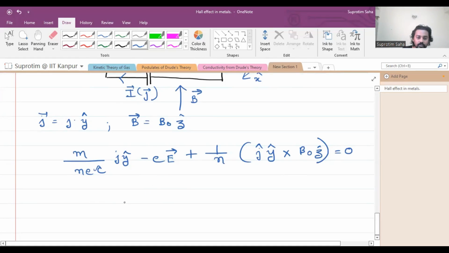So now putting the electric field on the right side, E vector equals 1 by n. So this is wrong, this should not be.